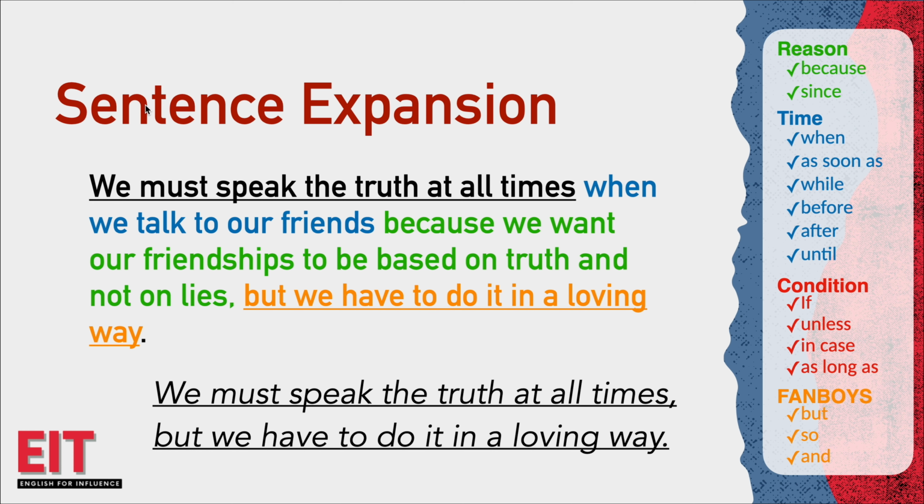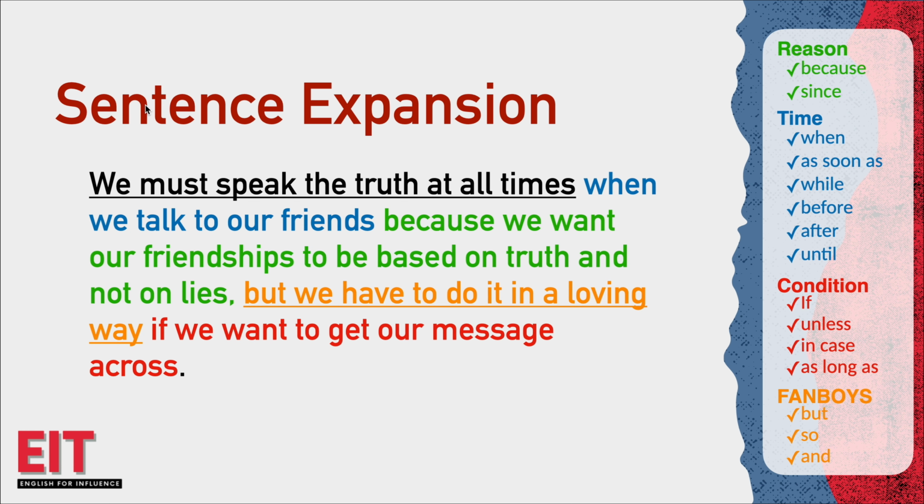Okay, let's try to add a condition. We must speak the truth at all times when we talk to our friends because we want our friendships to be based on truth and not on lies, but we also have to do it in a loving way if we want to get our message across. If we want to get our message across, we have to do it in a loving way.